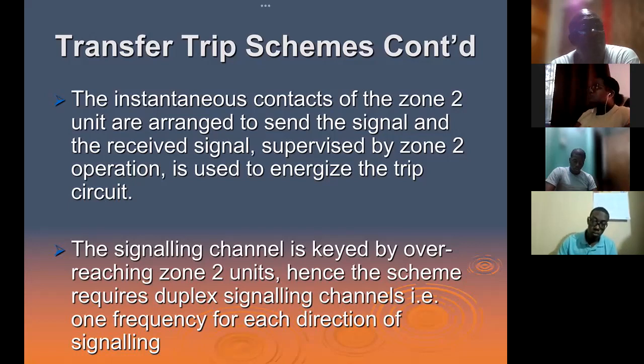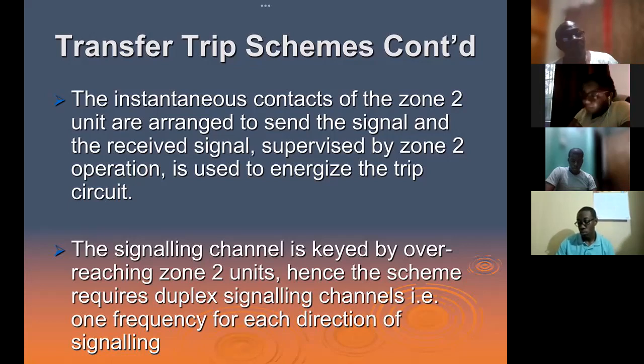Okay, and now we come to the final scheme, which is your blocking scheme. And everything that we have spoken about so far, the blocking scheme is the direct opposite.